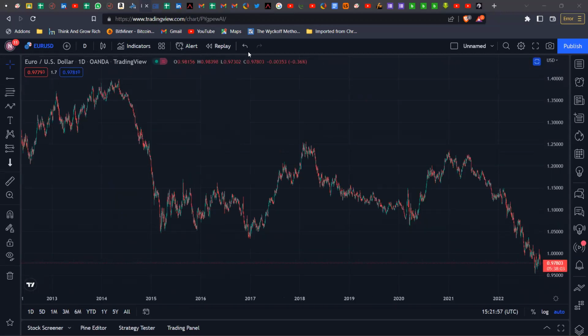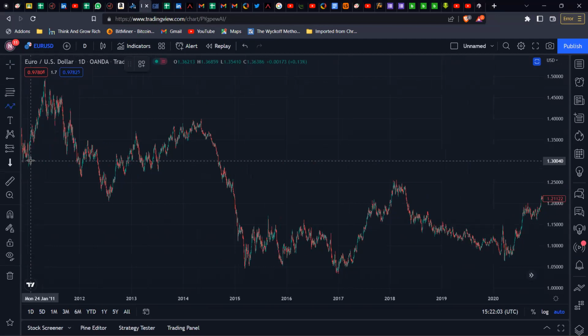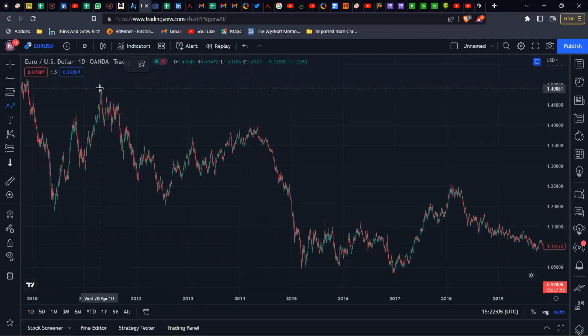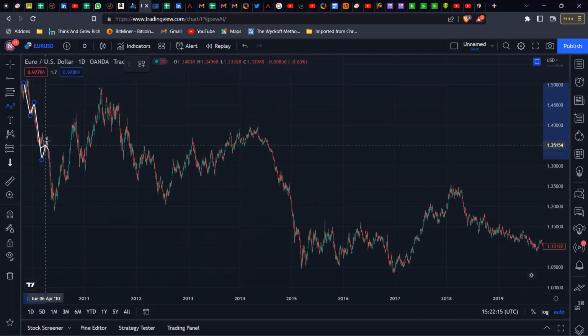Now, talking about market structure, you can see here that the market is always moving in some sort of structure, right? At some point, the market was bearish, right?